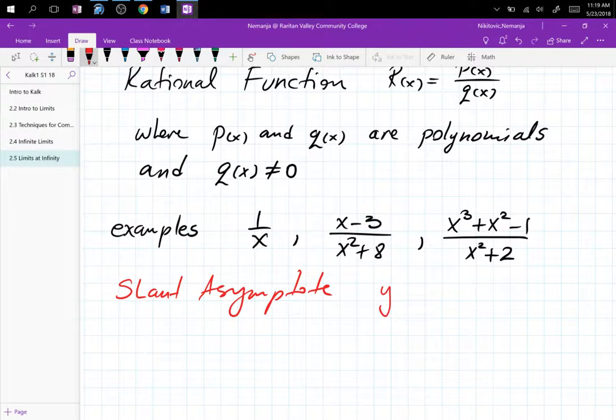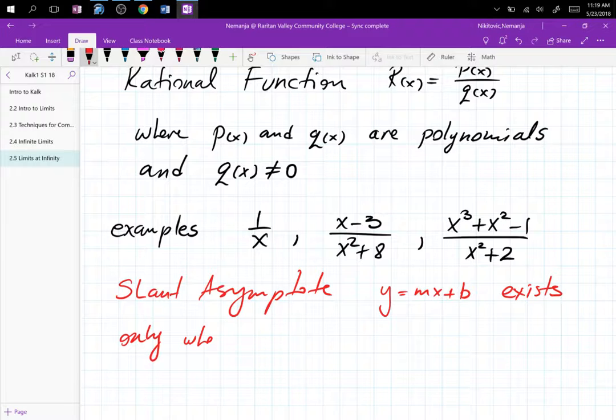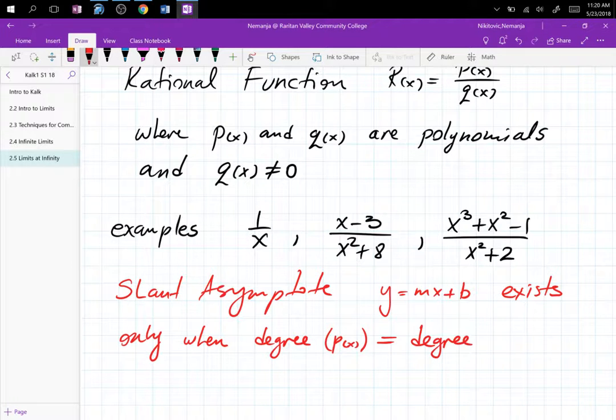is the asymptote y equal mx plus b, and so slant asymptote exists only when degree of p of x is equal to degree of q of x plus 1.